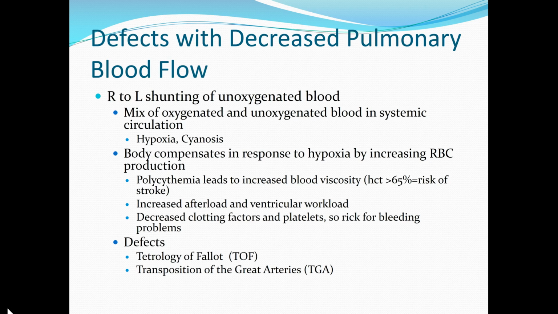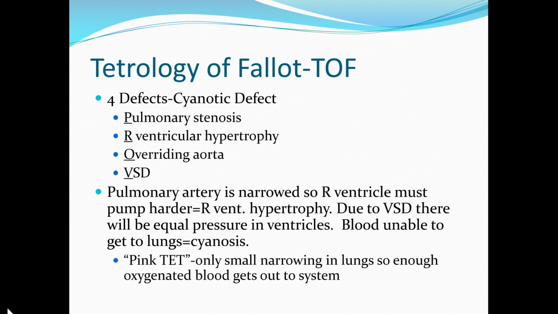The body compensates in response to this hypoxia by increasing the red blood cell production. You're going to have polycythemia, which leads to increased blood viscosity. So the hematocrit is going to be greater than 65%, which puts these children at a risk of stroke. They're going to have increased afterload and ventricular workload, decreased clotting factors with platelets, and so they're at a risk for bleeding problems.